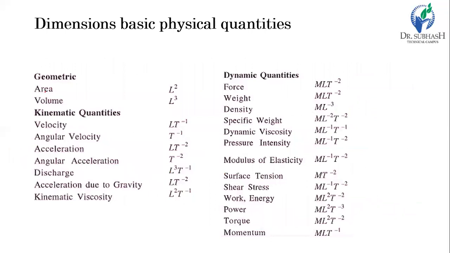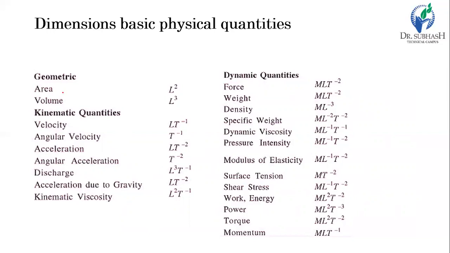Let's start with area. Area, as we have discussed, is meter square. Before going to the fundamental dimension, we must recall what data is required for converting any quantity into the MLT form. First, you must have the unit of that particular quantity. From that unit, you can convert it into the MLT form or fundamental dimension.